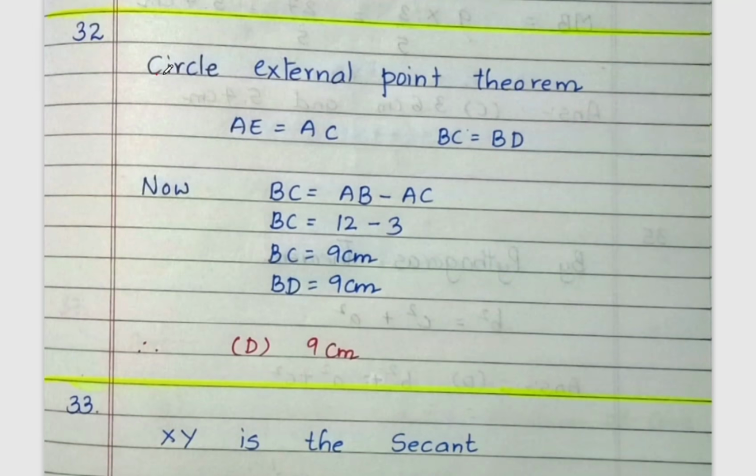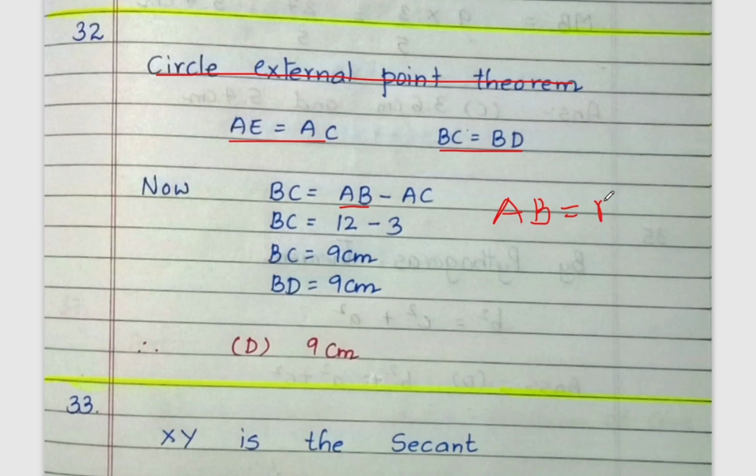AE will be equal to AC because they are tangents. In the same way, BC will be equal to BD. Now, if you observe the figure, the length AB is equal to BC plus AC.